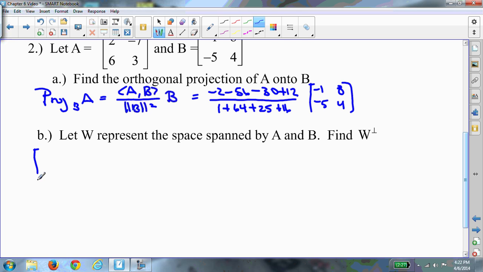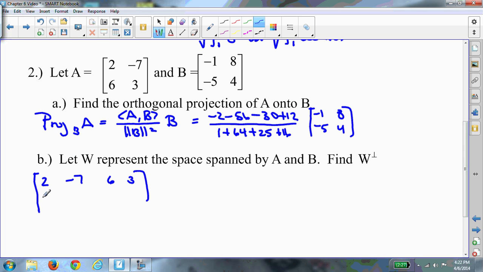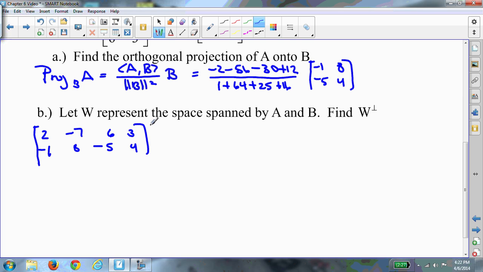So I'm going to set this up as 2, negative 7, 6, and 3. And then the other one, negative 1, 8, negative 5, and 4. So I want to imagine I have a vector, x1, x2, x3, and x4, so that if I dot these two together, I would get 0 and 0.